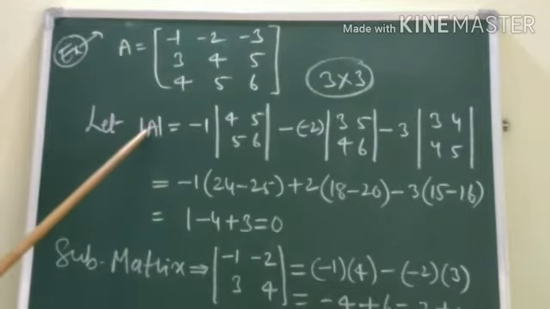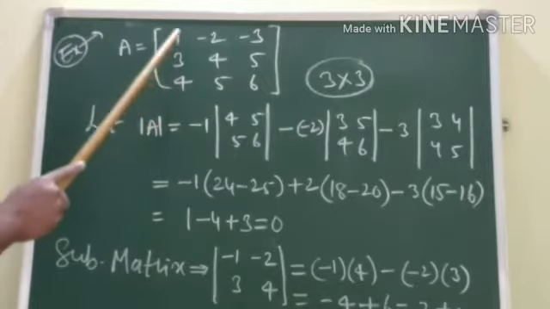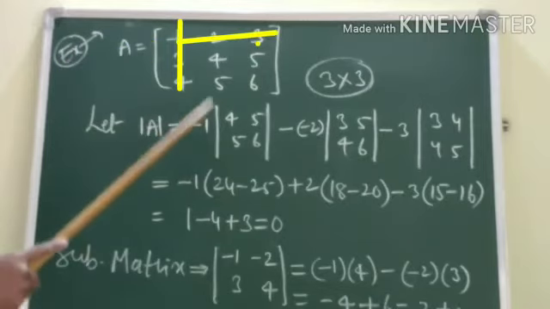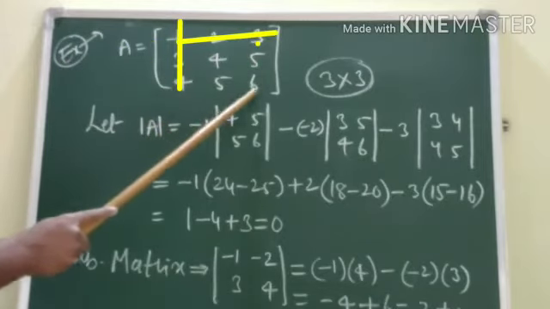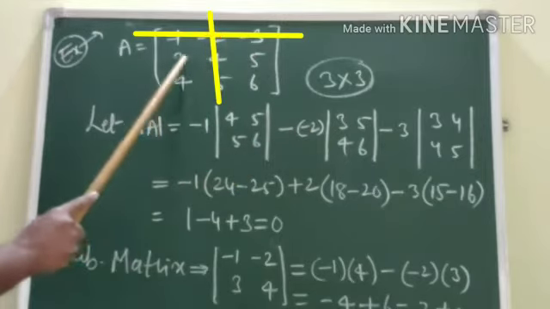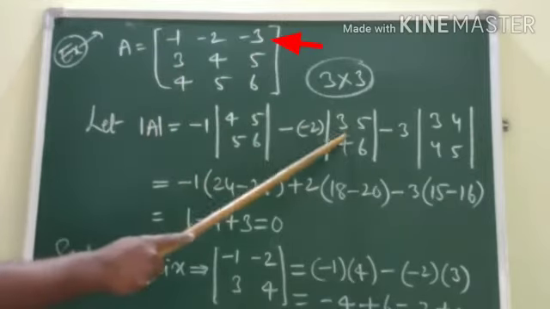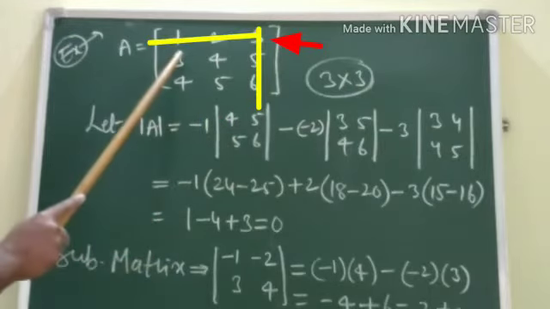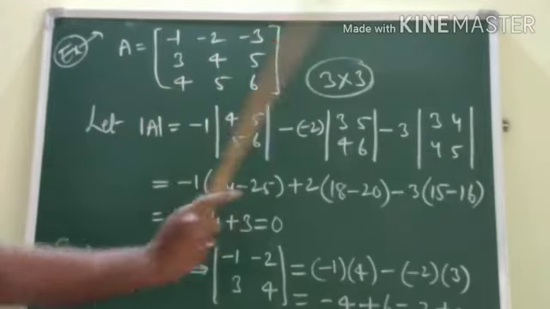Already we discussed the determinant of a 3 by 3 matrix. If you take the first row, that means minus 1 into determinant of 4, 5, 5, 6, minus of minus 2 into determinant of 3, 5, 4, 6, minus 3 into determinant of 3, 4, 4, 5.